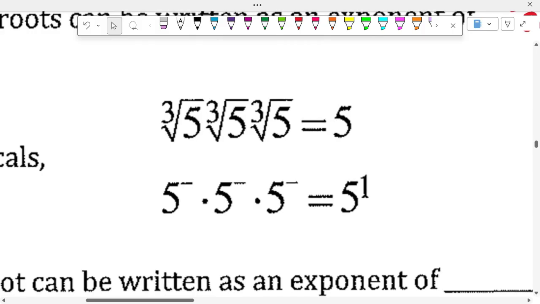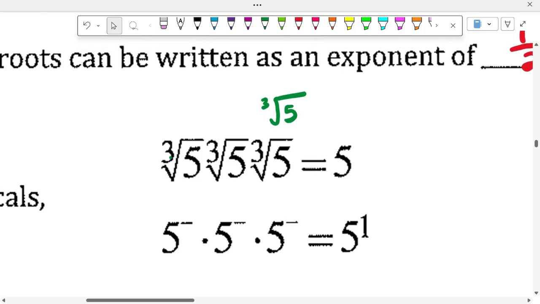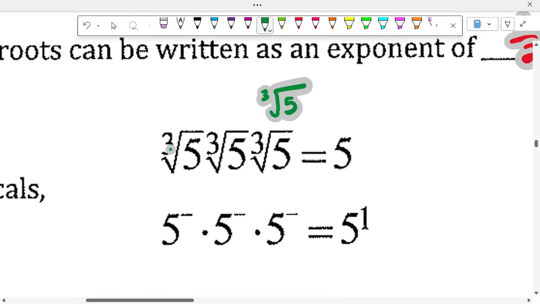Now, what are these roots called if they have little 3's in the corner? This isn't a square root, it's a cube root. So that means this is cube root of 5. Now, we're multiplying it to itself 3 times.